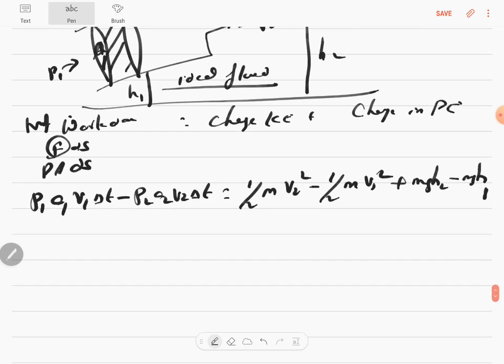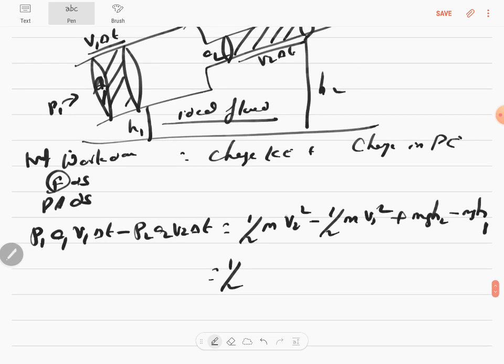This is what you should write. On the right side, the kinetic energy is half into mass times V2 square. Density is mass by volume, so mass is density into volume, and density is the same everywhere.